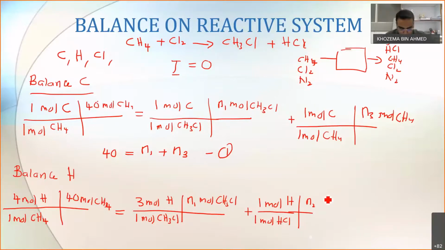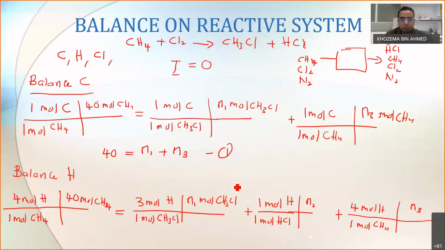And then we also have hydrogen in our unreacted methane, so plus 4 mole of hydrogen in 1 mole of CH4, and then the mole is N3.